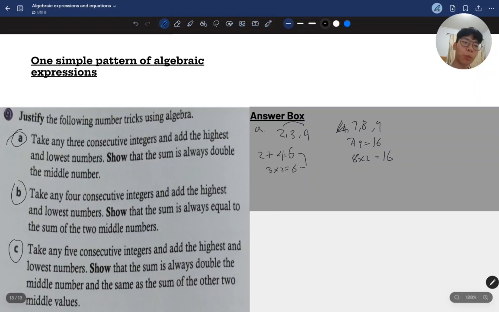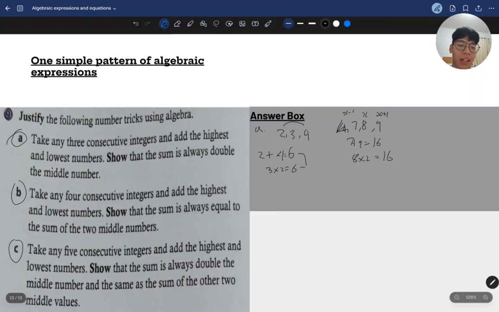We need to be able to express this in variables. So let's say that 8 is x. Then what is 7? 7 is x minus 1, because it's 8 minus 1. 9 is x plus 1.